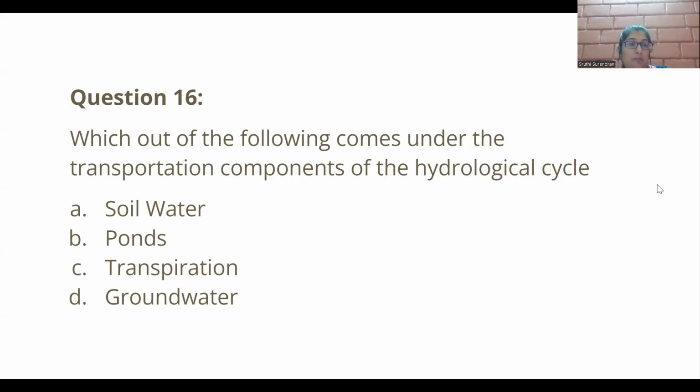If you know what soil water is, what ponds are, what transpiration is, what groundwater is, we can know which components move and which don't. So Shalini says it's transpiration, also transpiration. Shalini says it's groundwater.